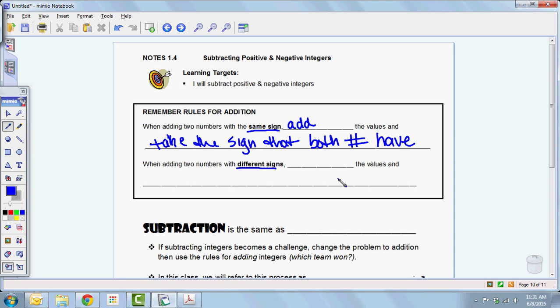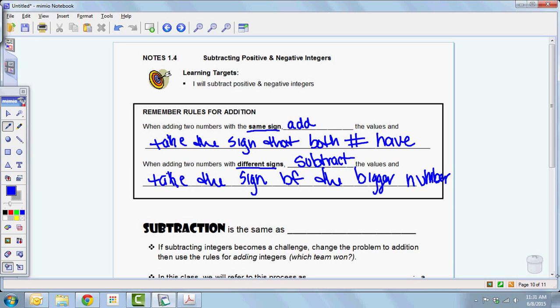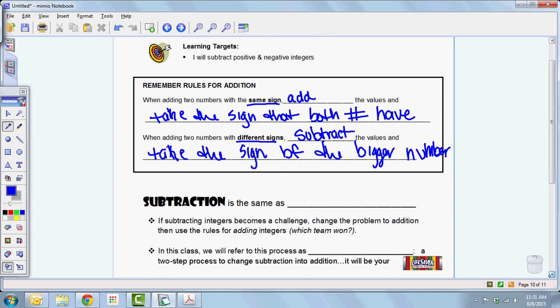This is where you think of which team won. So in that case, you're going to subtract the two numbers, and you're going to take the sign of the bigger number, which team wins. All right. So that's going to come in handy today when we're talking about how to subtract integers.